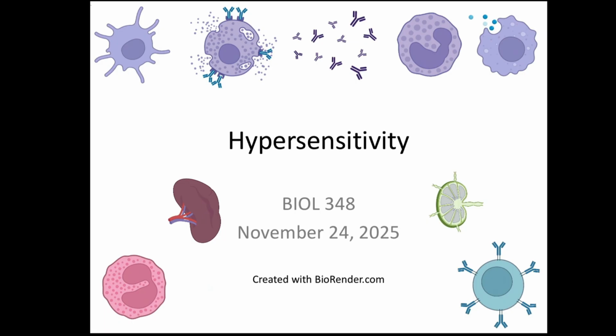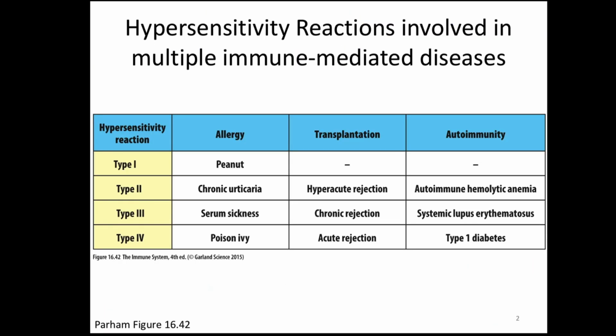So just remember those for next week. Today I'm going to finish talking about hypersensitivity. If you recall, we have already talked a little bit about the fact that there are four big mechanisms that immunologists talk about as being types of hypersensitivity reactions.